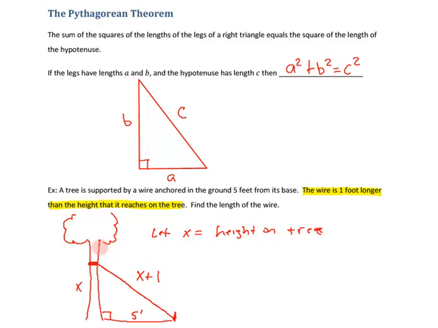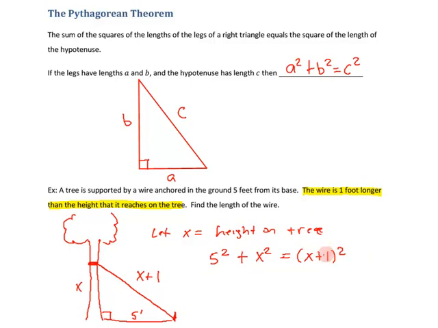Now I see my right triangle here, just like I saw it up here, so I'm going to use the Pythagorean theorem. I'm going to take 5 squared plus x squared is equal to x plus 1 quantity squared.